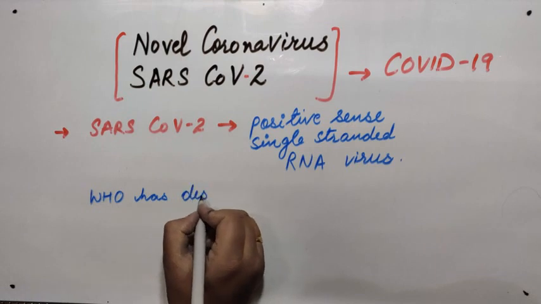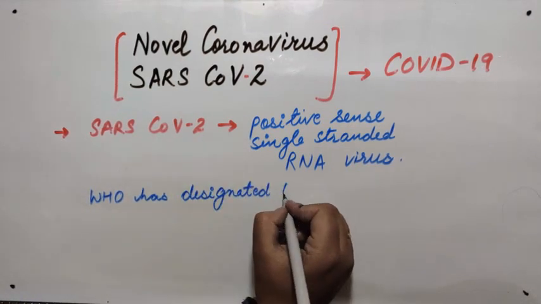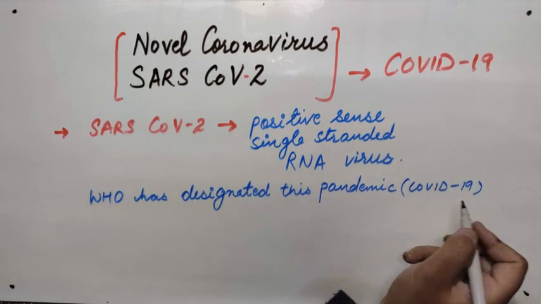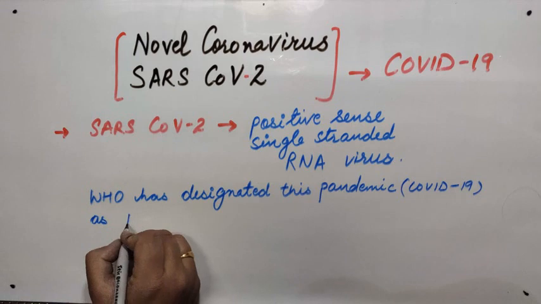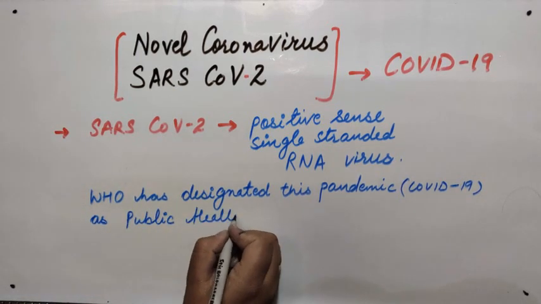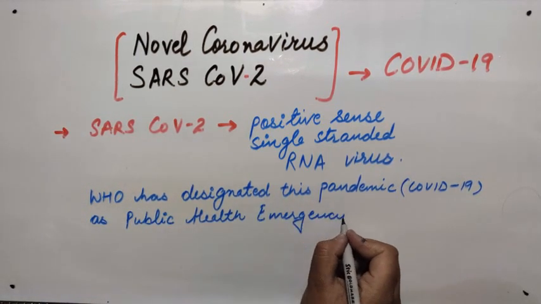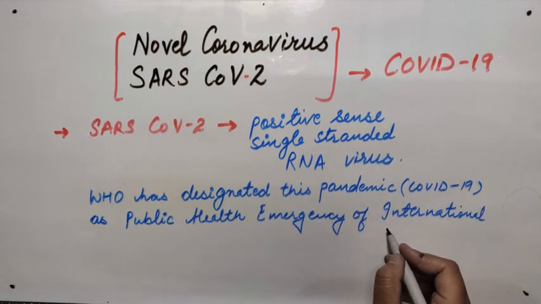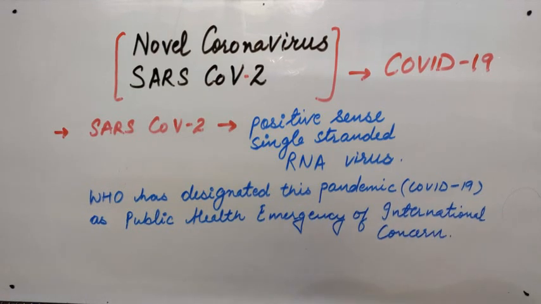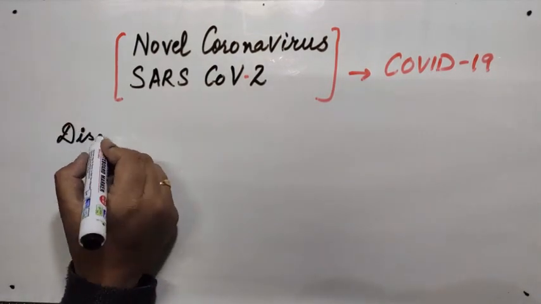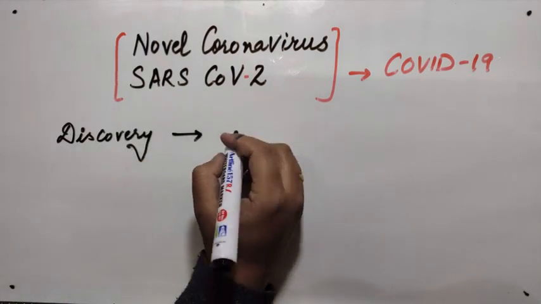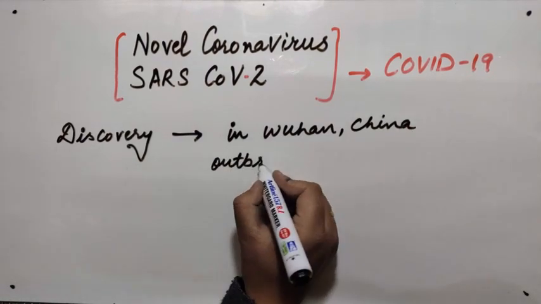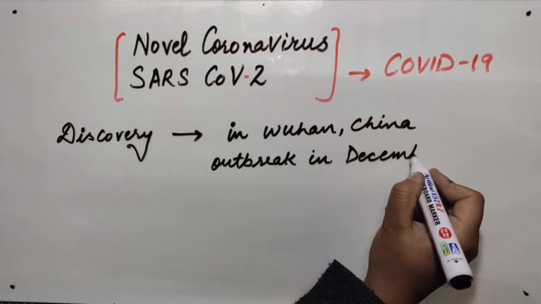WHO has designated this pandemic as public health emergency of international concern. It has globally affected all the nations including Italy, USA, India and many other nations. It was discovered in Wuhan, China, and the outbreak was in December 2019.